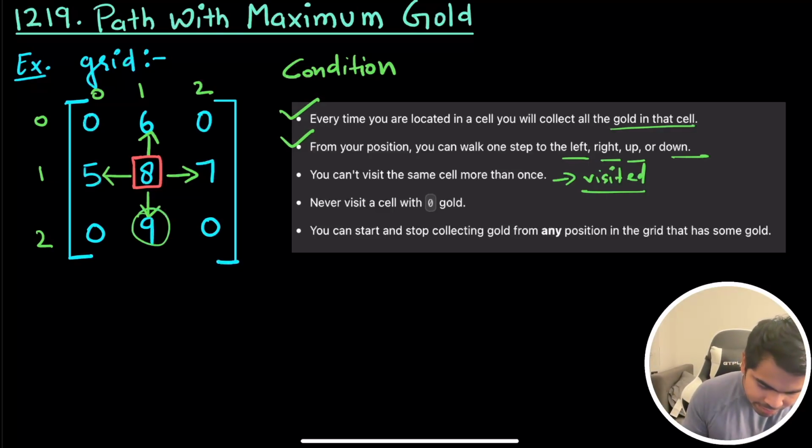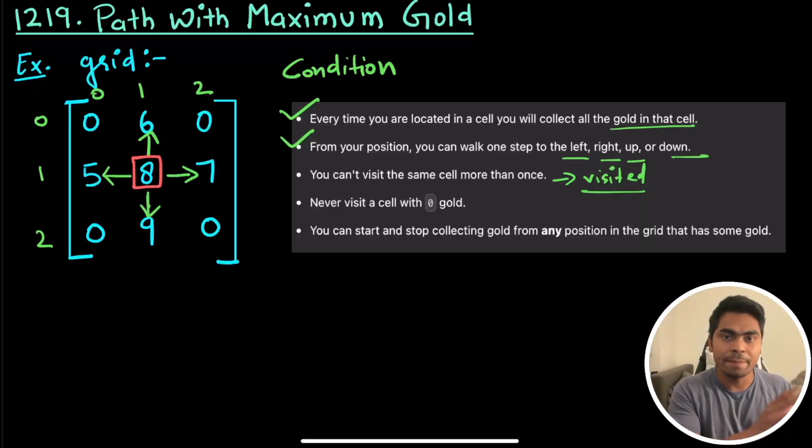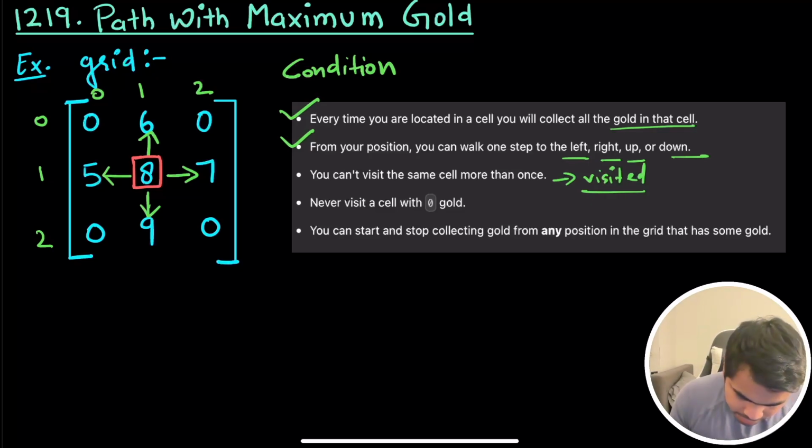If I choose to go up, which of course I would, and then from 8 I choose to go top, then I cannot go these 2 sides. So these 2 are prohibited. I can only take one of these 4 directions at a given step. So this step is done.